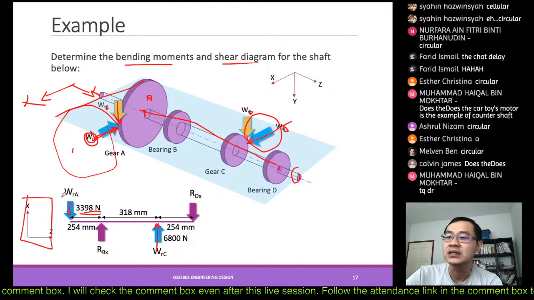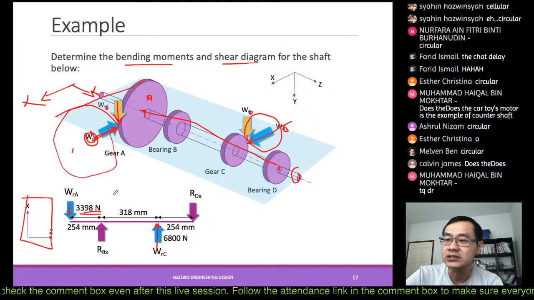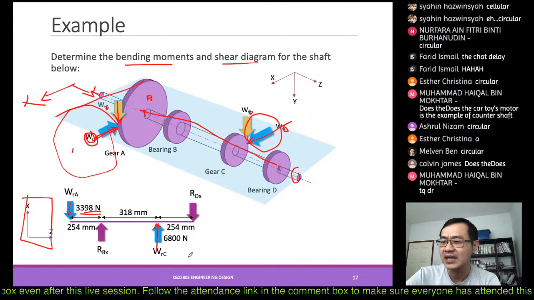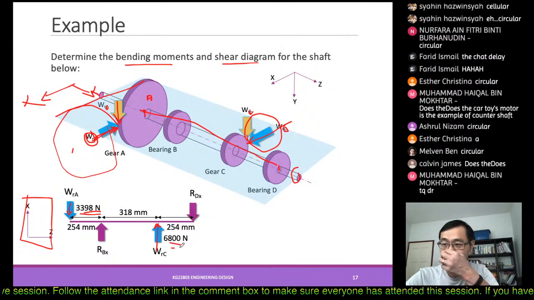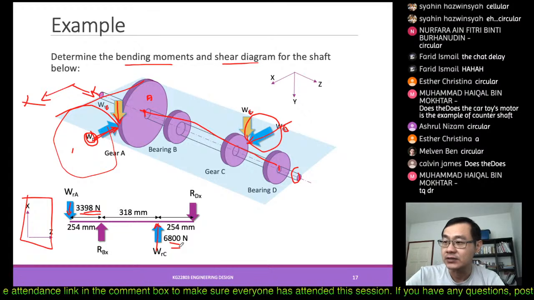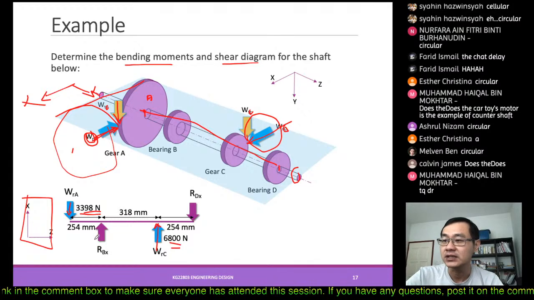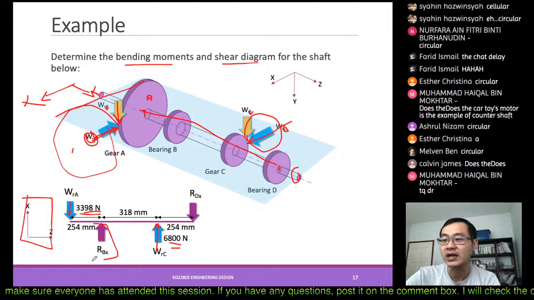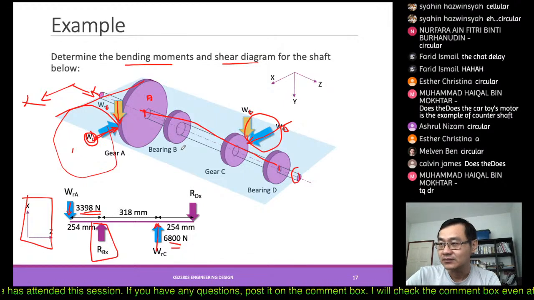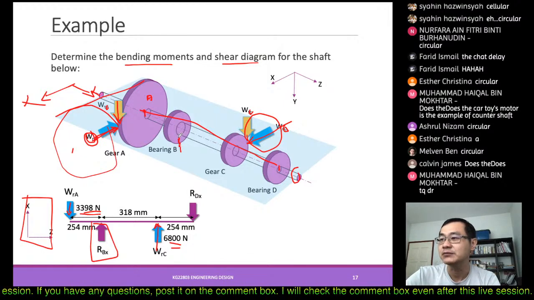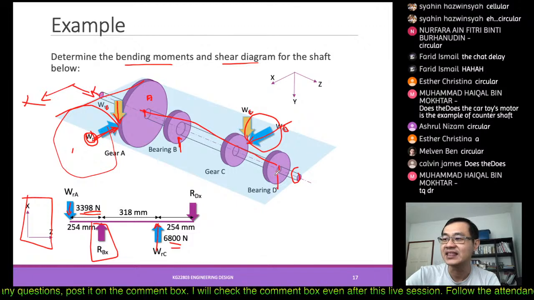WRA is 3398, whereas WRC is 6800 Newton. We want to know what the reaction force is, handled by bearings B and D, right?